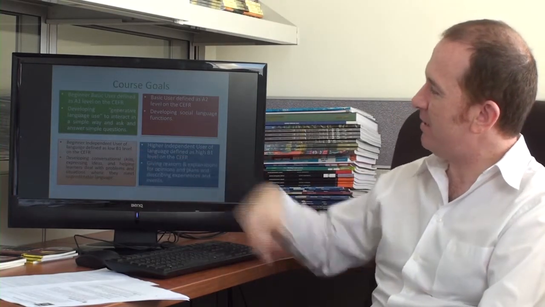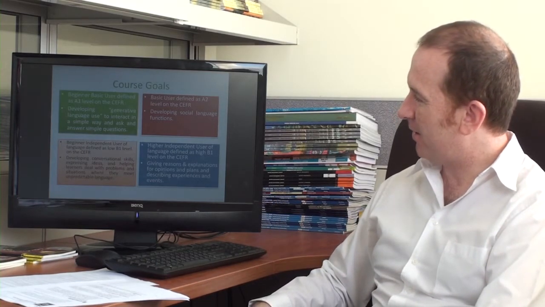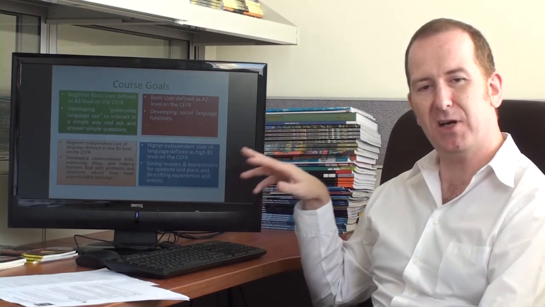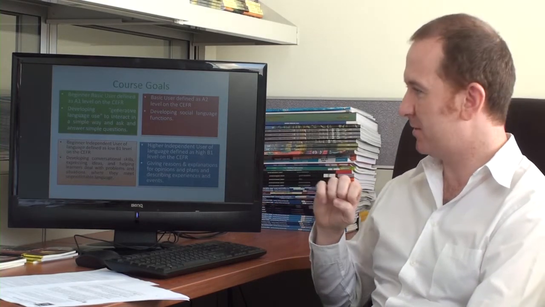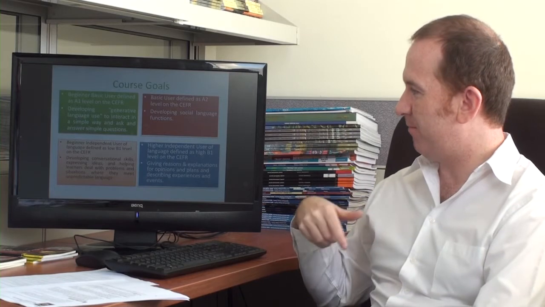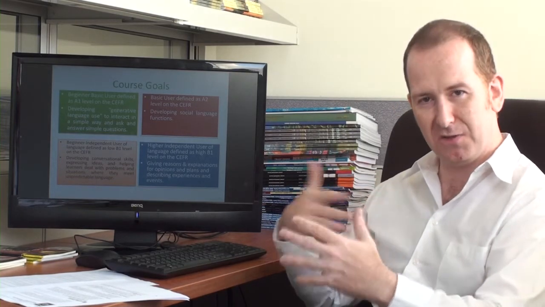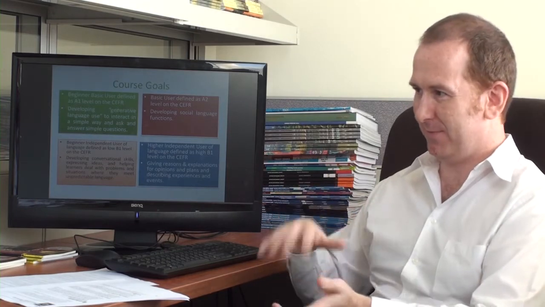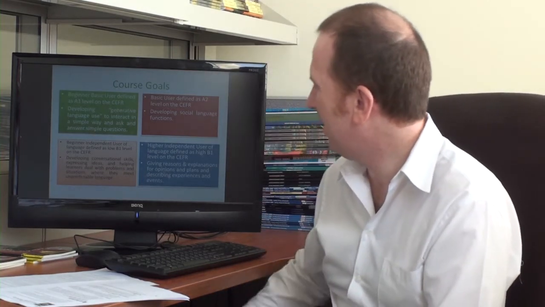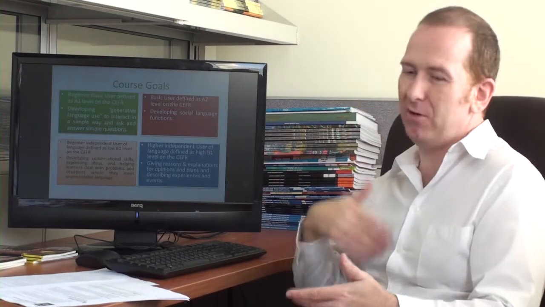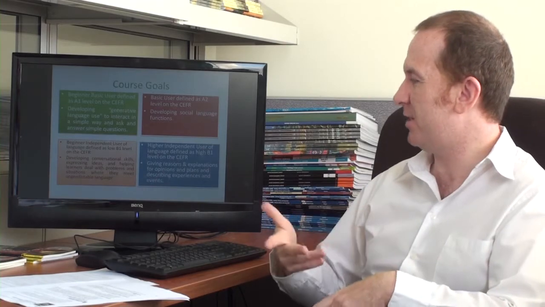Level 103, the pre-intermediate, using a pre-intermediate course book, they should have reached, by the end of the course, low B1. So they should be at the bottom band of the independent user band on CEFR. In addition, they should have developed conversational skills.